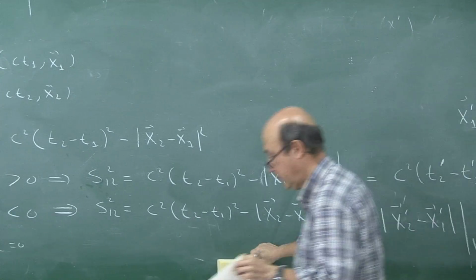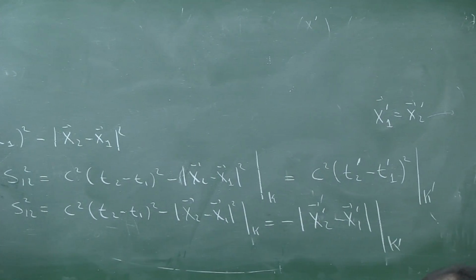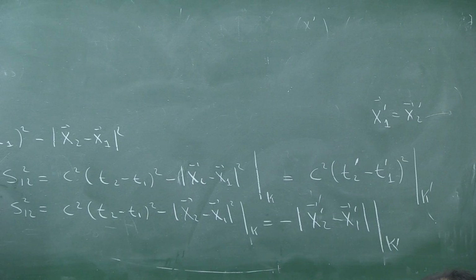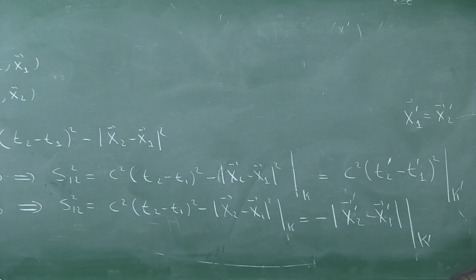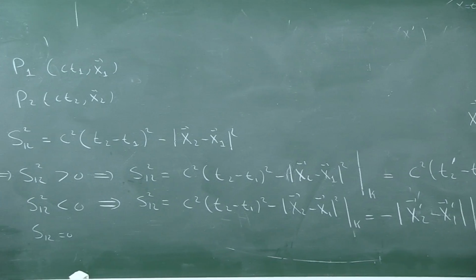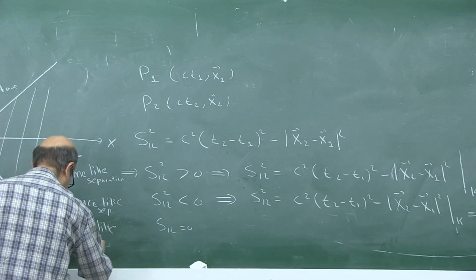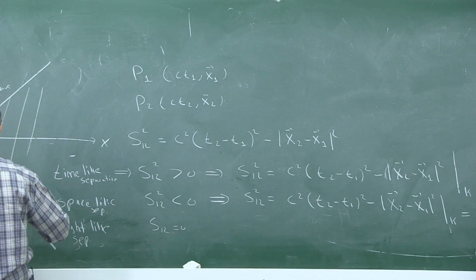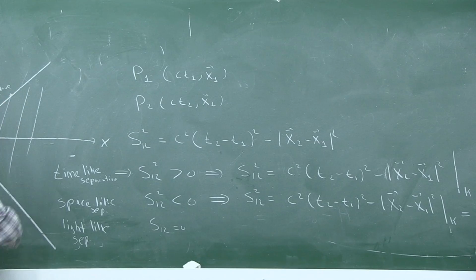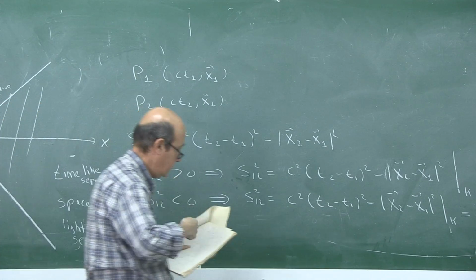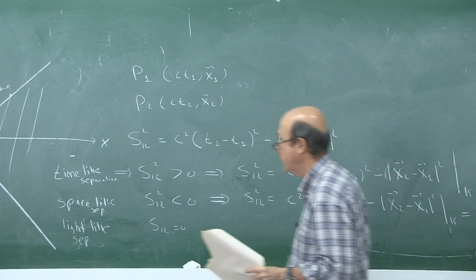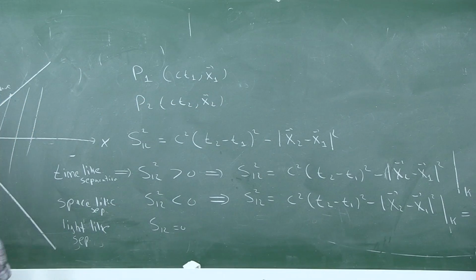The other one, you can guess what this is. When the length is equal to 0, that is called a light-like separation. And in that case, events are on the light cone and connected by light signals. So the connection will be on the light cone.